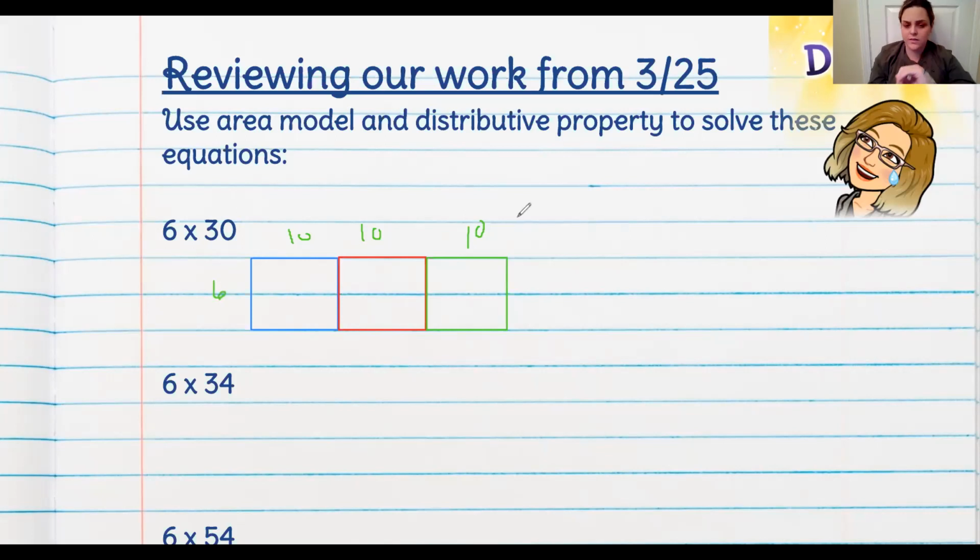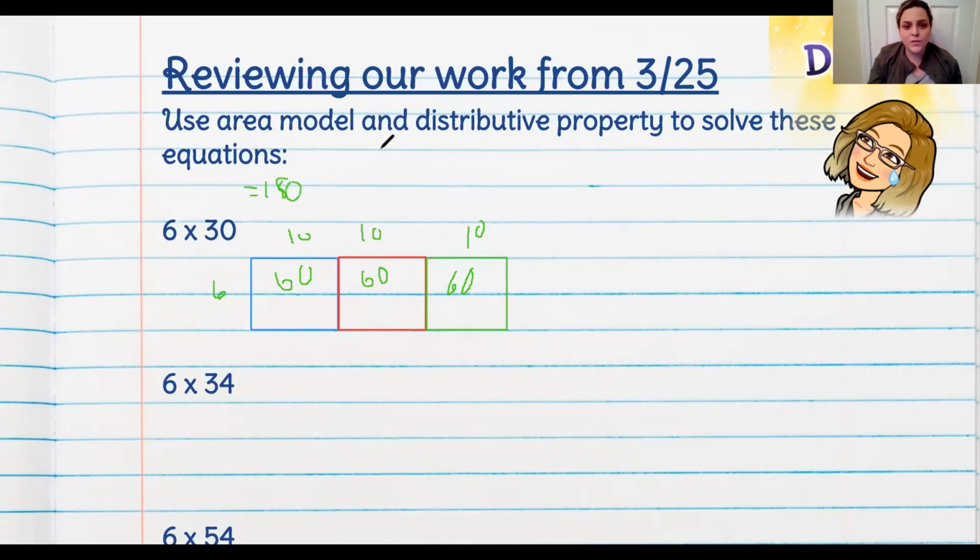So I could do 6 times 30, which is another way, but let me start with this one. So now I know 6 times 10 is 60, and then 6 times 10 again is 60, and 6 times 10 again is 60. So now I have 60 plus 60, which is 120, and 120 plus 60 is 180. So 6 times 30 equals 180.